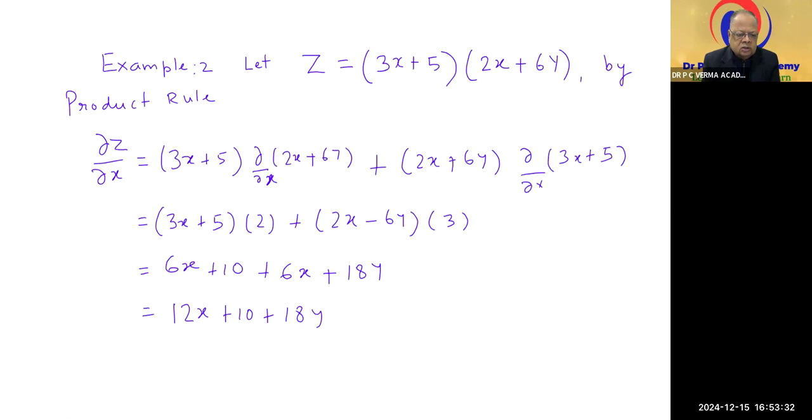3x plus 5 as it is here, and 2x plus 6y: the derivative of the constant 6y is 0, and the derivative of 2x will be 2.